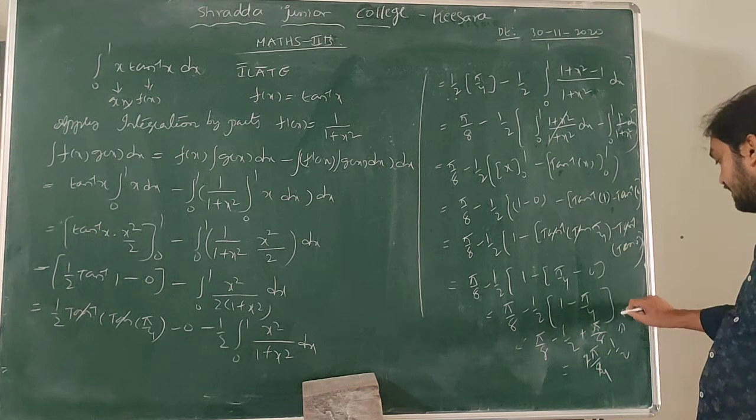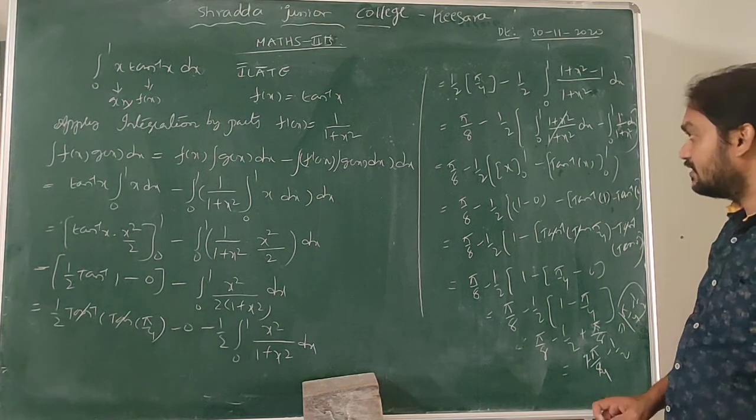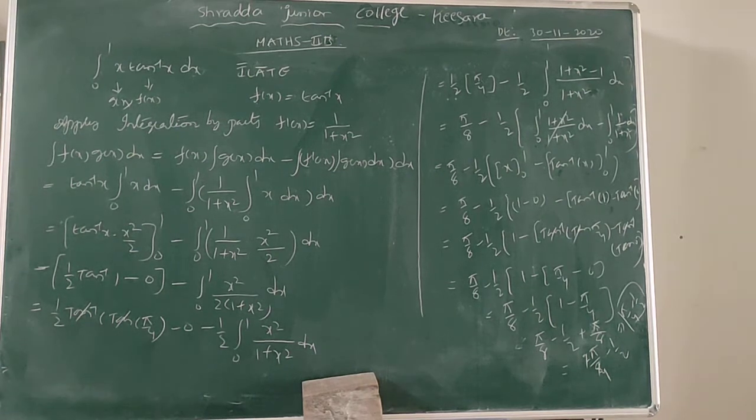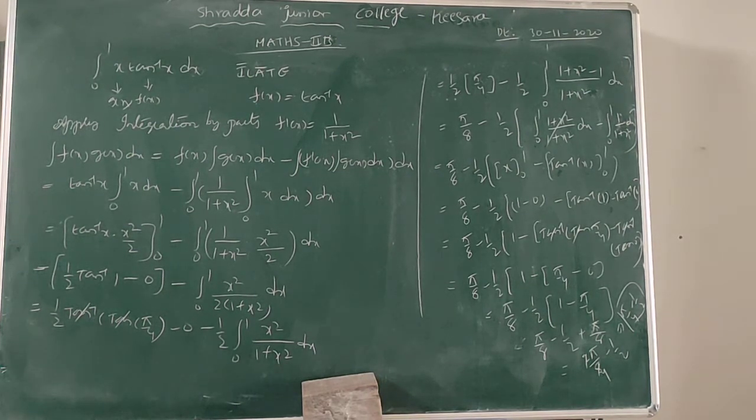Now what we are getting here? 5 by 4 minus 1 by 2. This is our final answer. And see the next problem.